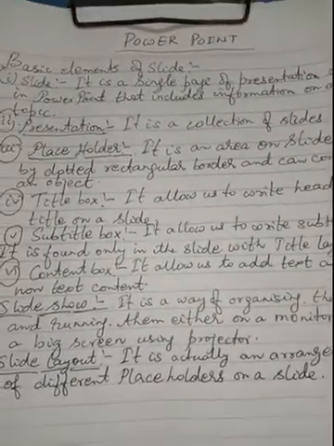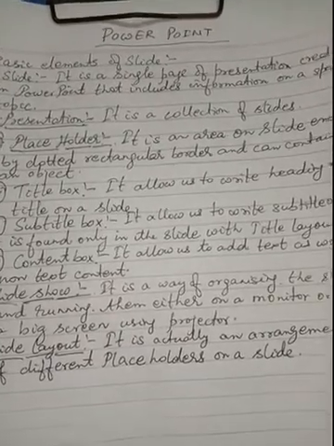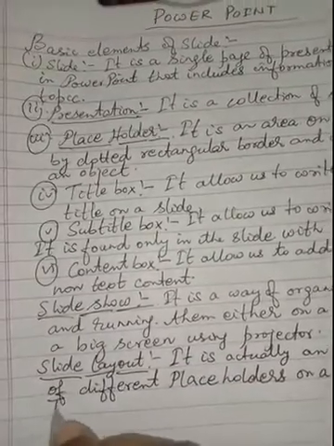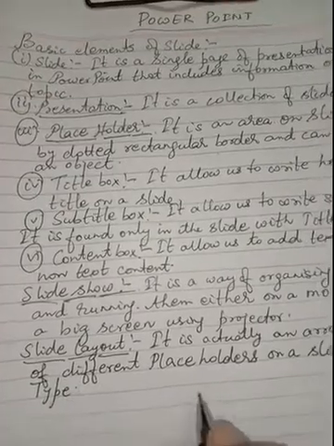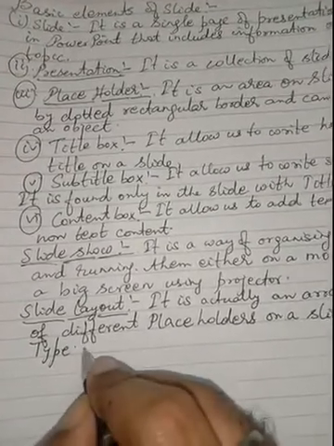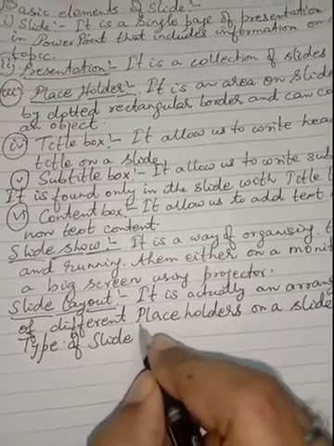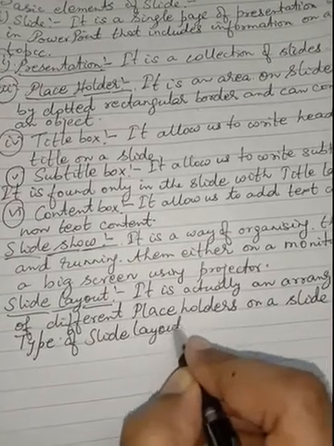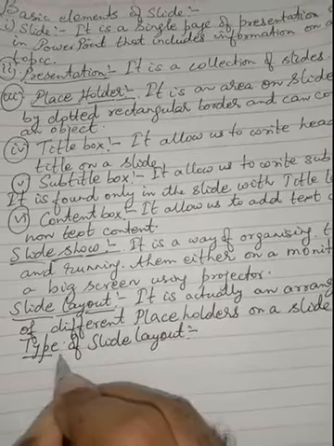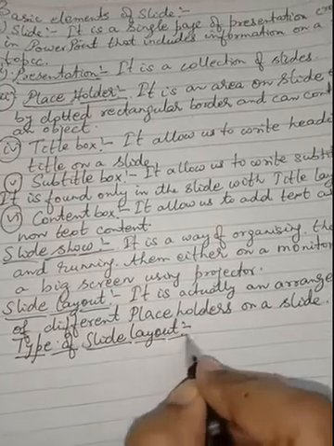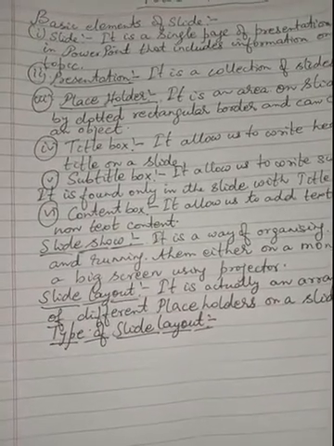So the different types of slide layouts that we have. We have several types of slide layout which we can use in our presentation. Types of slide layout. So the first one is the title slide.